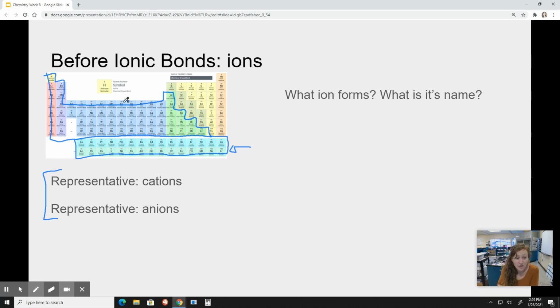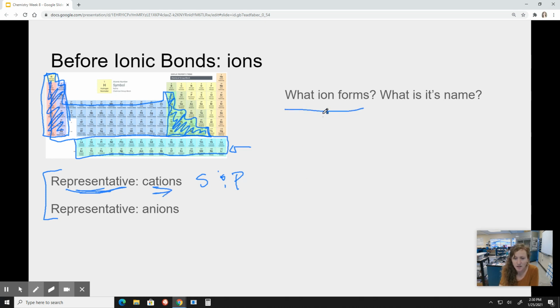Okay, so these are all the metals, but there's really only a very few that are actually representative metals. The representative metals are going to be the first two columns, so the S block, and then any metals that are in that last 6 columns, so that's the P block. So S block and P block metals are going to be our representative cations.